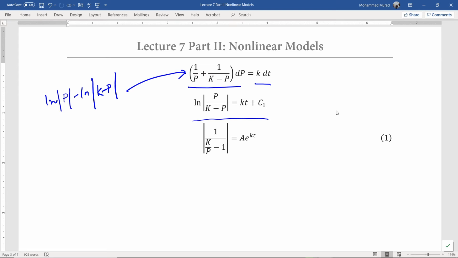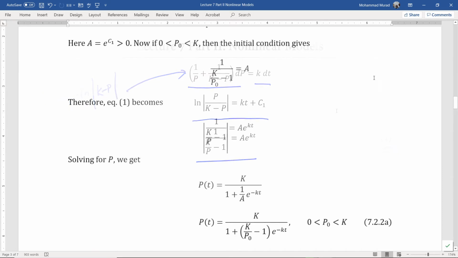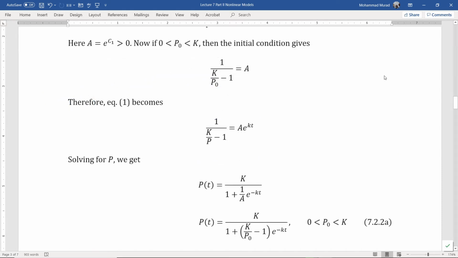And by taking the exponential, we get equation 1. Here, a is defined to be equal to e to the c1, which is strictly positive. Now, if we have the situation that the initial population is smaller than the carrying capacity, then the initial condition gives the value of a as 1 over the quantity k over p sub 0 minus 1.